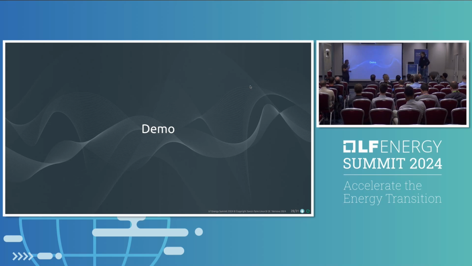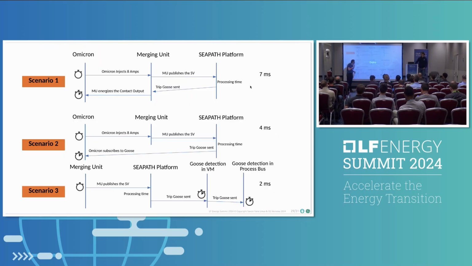Yesterday we did a real demo to show you the real performance of this SEAPATH system. We were not allowed to show the demo again, but I am showing here three scenarios.